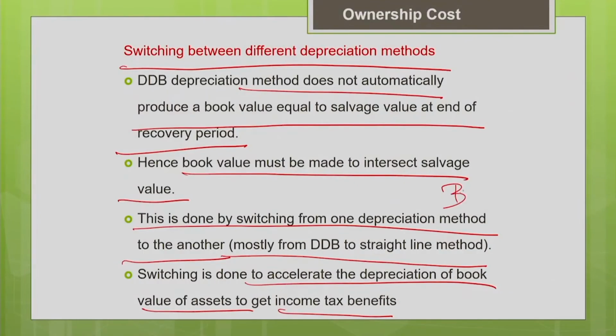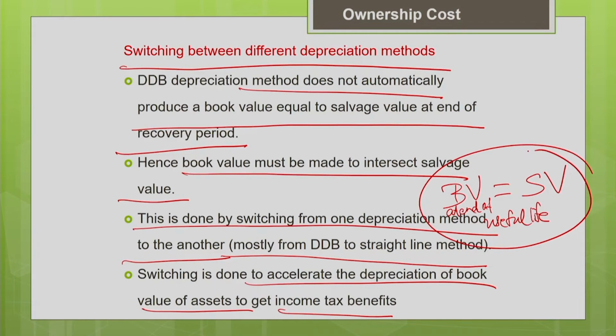Another important reason, just as we discussed, is that your estimated book value should match your estimated salvage value. The book value at the end of useful life should intersect with your salvage value. So this is another reason why we go for switching between different depreciation methods.